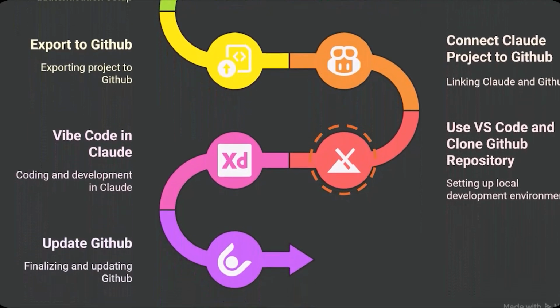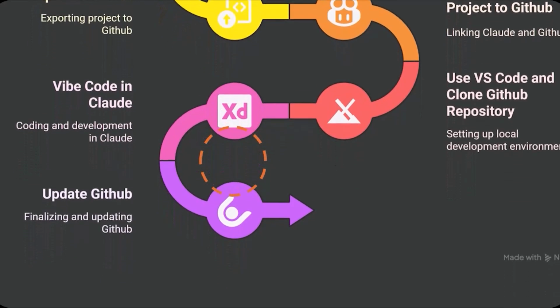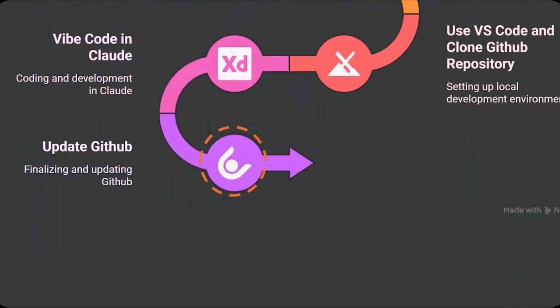After I have the project in Claude, I will then clone the repository and use VS Code. And VS Code and Claude becomes my vibe coding tool. Once everything is done, I update my GitHub repository, and now I have my full stack app ready to deploy.